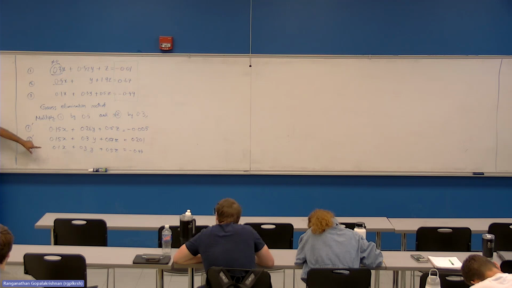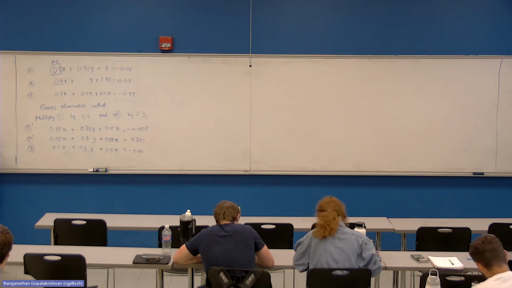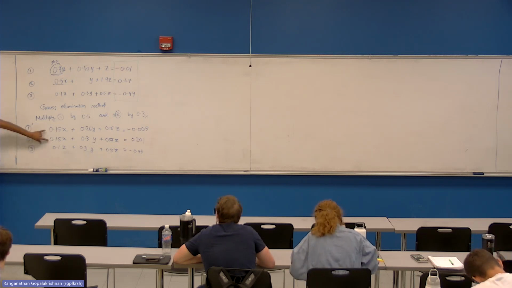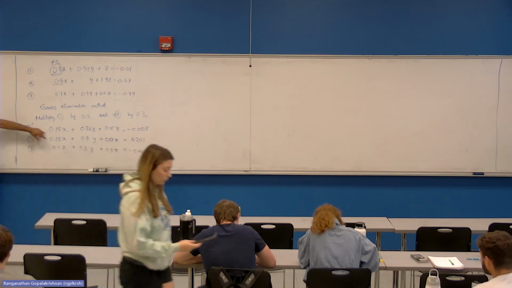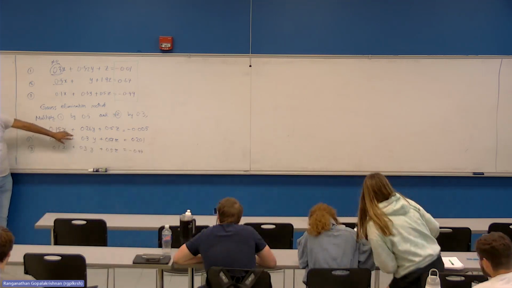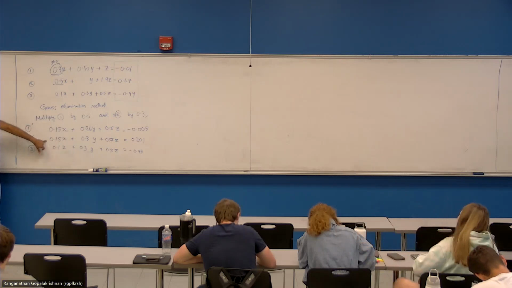Actually, that is a coincidence. What I was hoping to find, or what you will always find, is that these two terms are now equal, right? You can subtract them and you will end up with an equation which doesn't have any x.